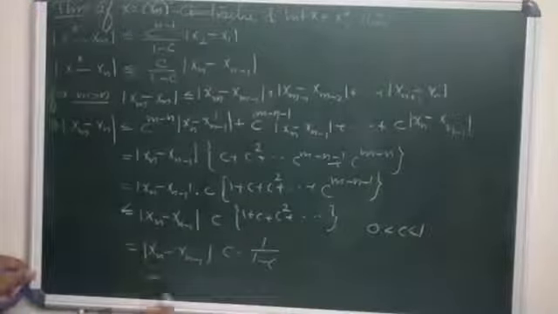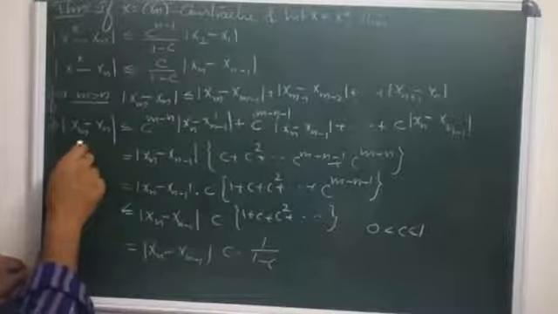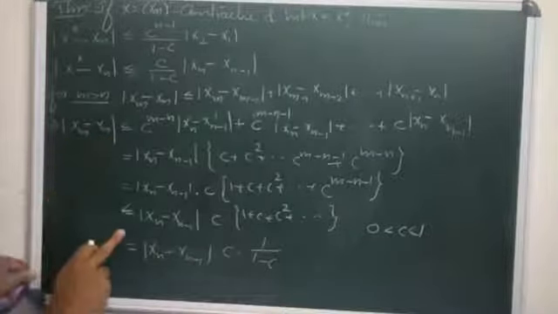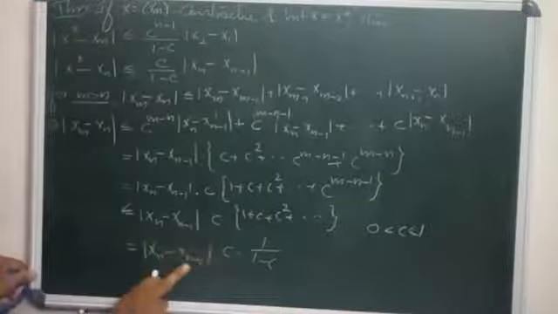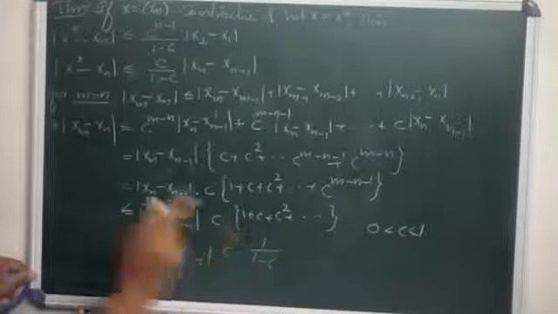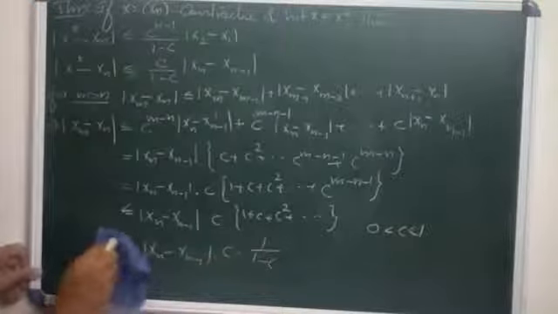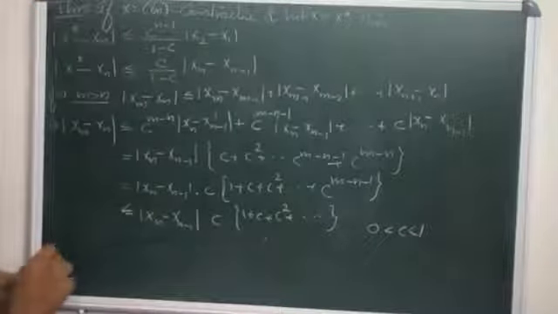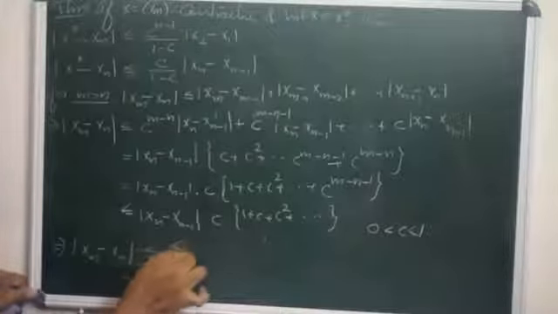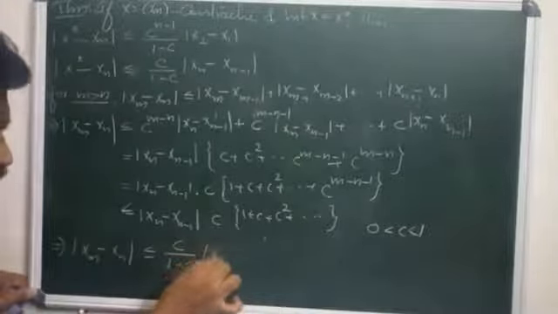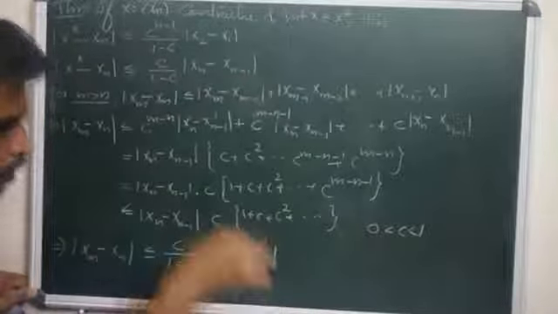So finally, modulus of x_m minus x_n is less than or equal to modulus of x_n minus x_{n-1} into c into 1 by 1 minus c. That means modulus of x_m minus x_n is less than or equal to c by 1 minus c into modulus of x_n minus x_{n-1}.